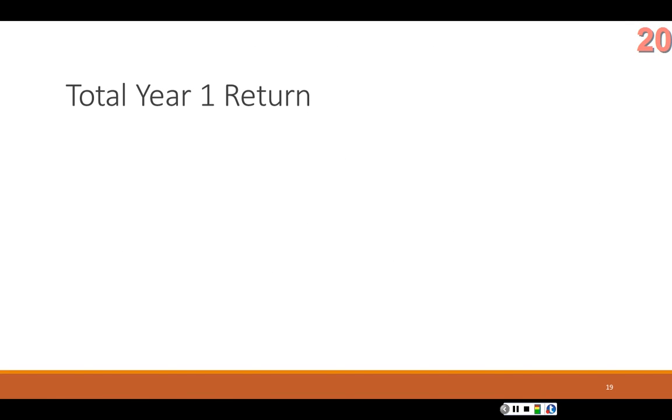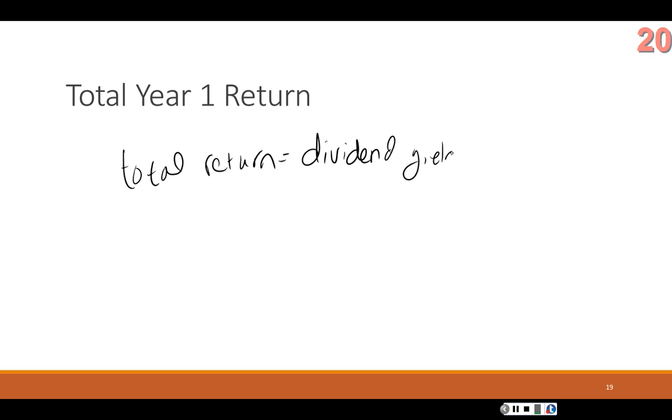So if you add the dividend yield and the capital gains yield together, that gives you total return. The dividend yield plus capital gains yield is equal to total return.